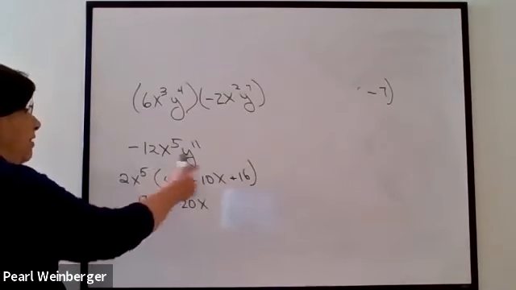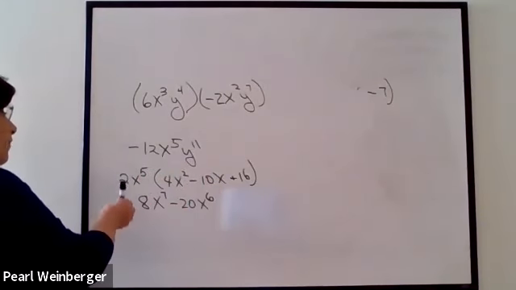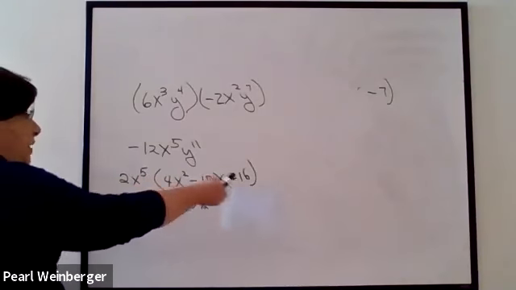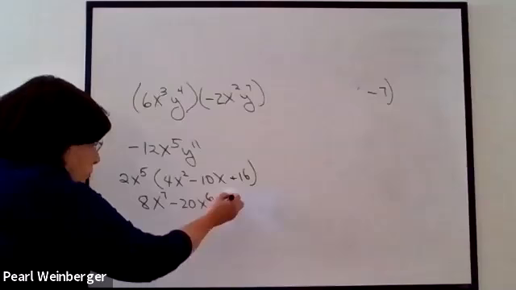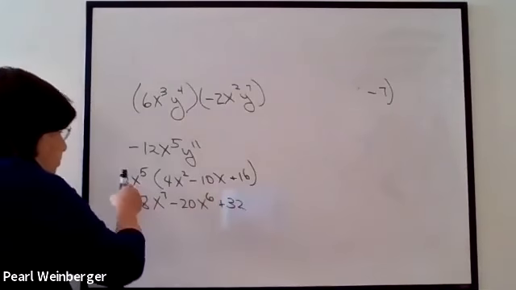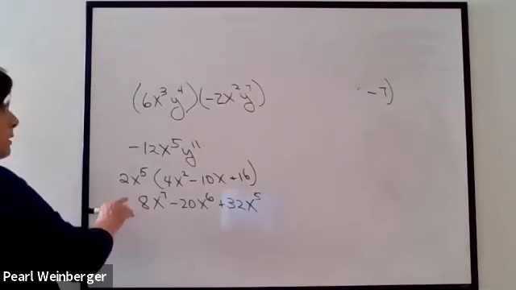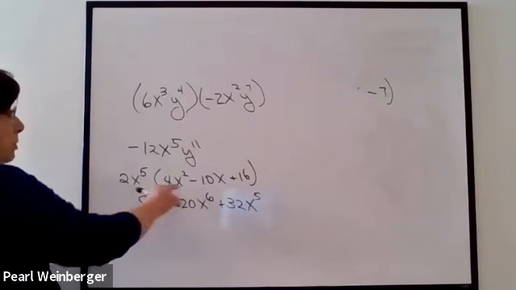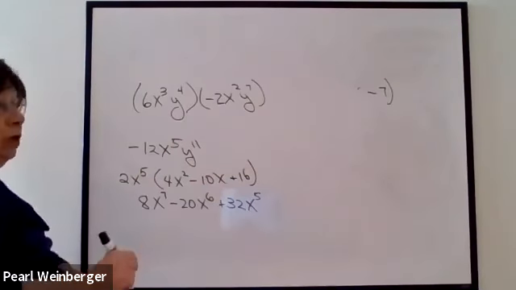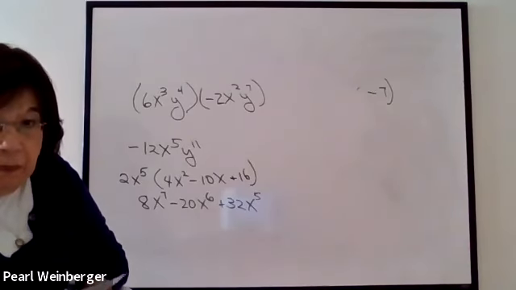So this is a 5 plus a 1, that gives me x to the 6th. And finally, I have 2x to the fifth times 16. So the 2 times the 16 is 32. And I just bring the x to the fifth over. And that would be my answer for multiplying this monomial times the polynomial. You just use the distributive property.